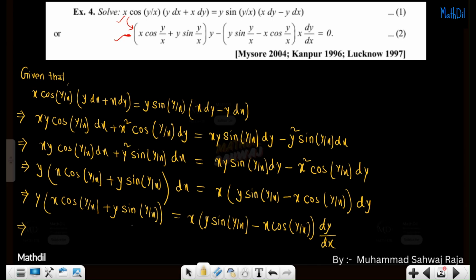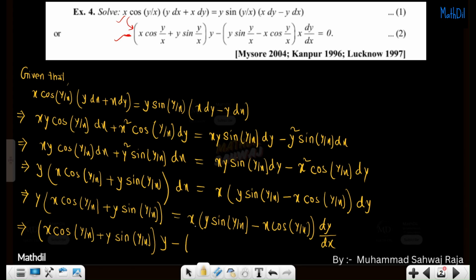Now take this term to this side. Here is y; I am going to write this y to this side to match our expression so you can understand it easily. Here y is common, and if you take this term to this side, it will be minus.